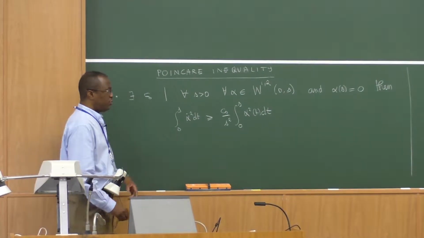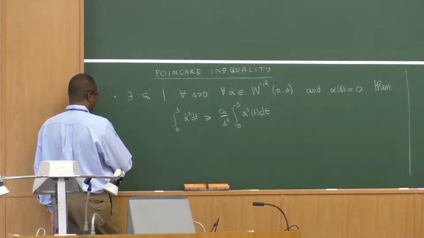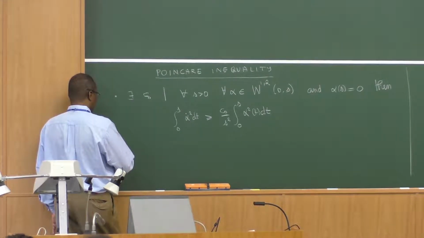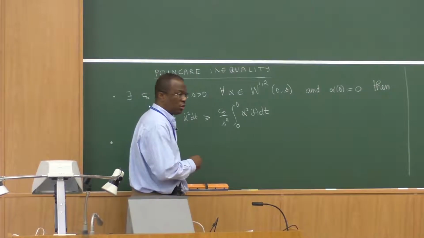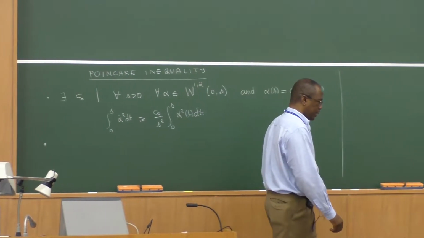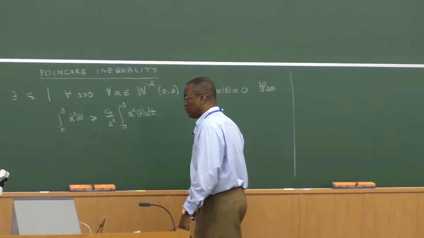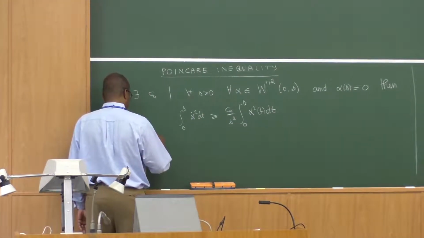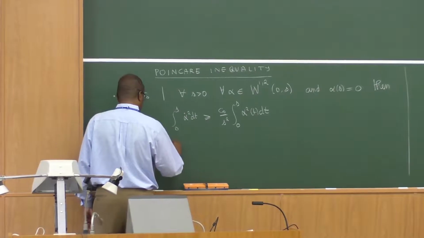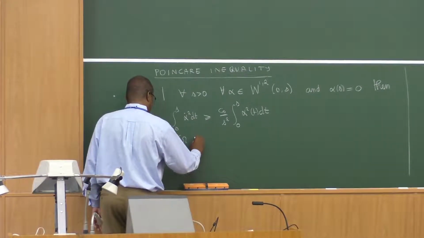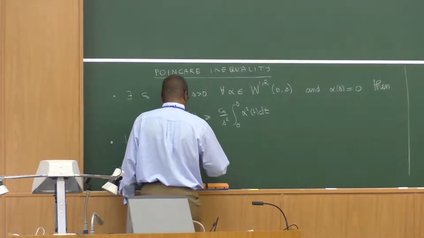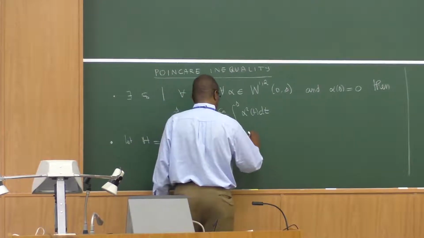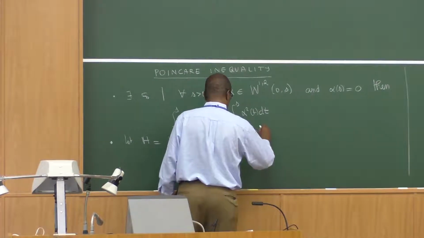A consequence of that, I am going to write a Hilbert space version, although it is true in any metric space. Let H be L2 of omega with values in R^d, where omega is (0,1)^d.